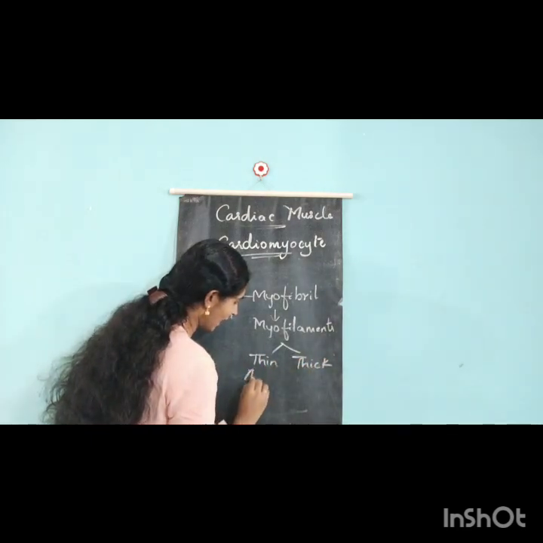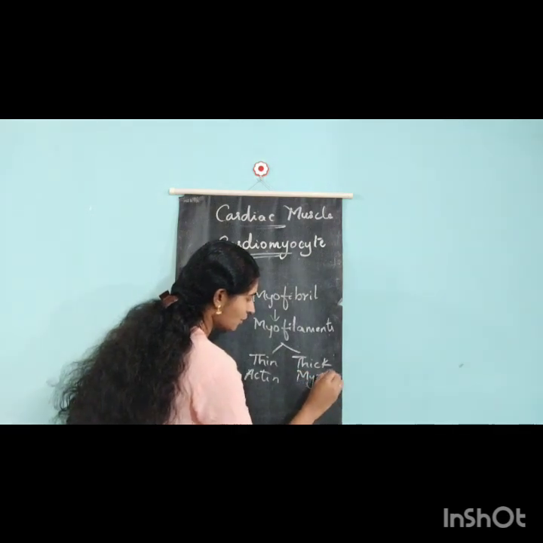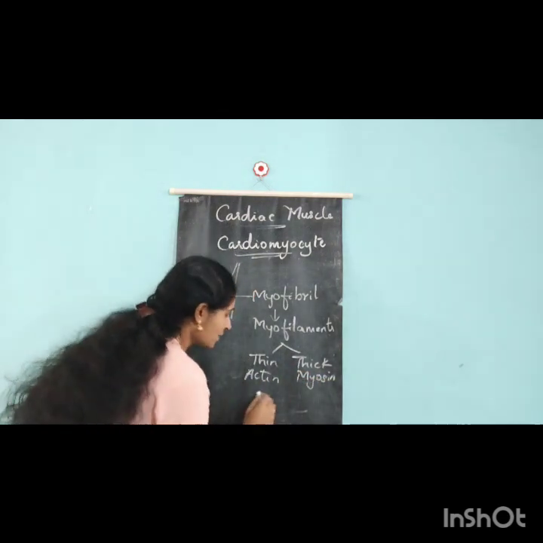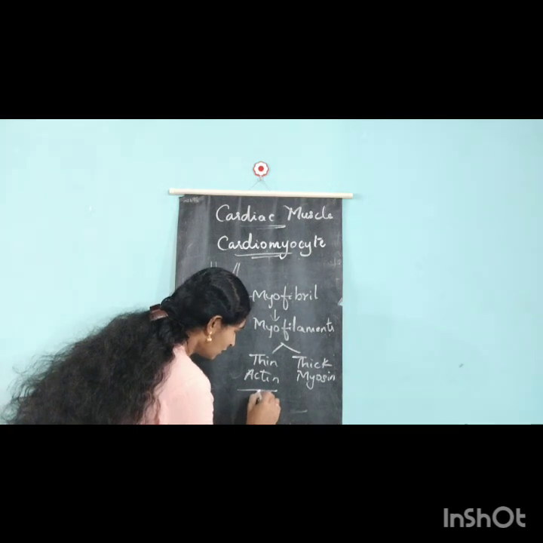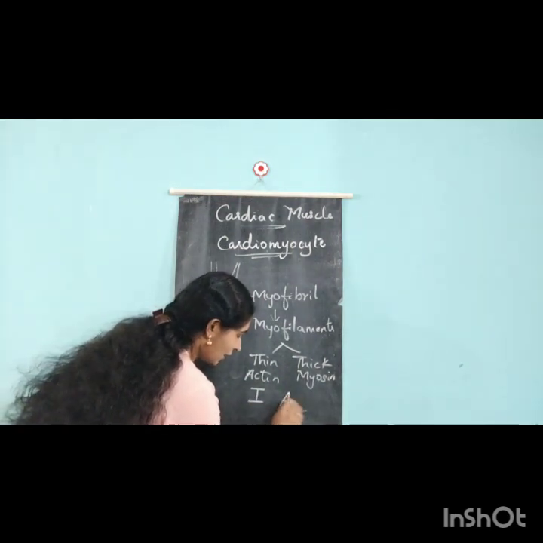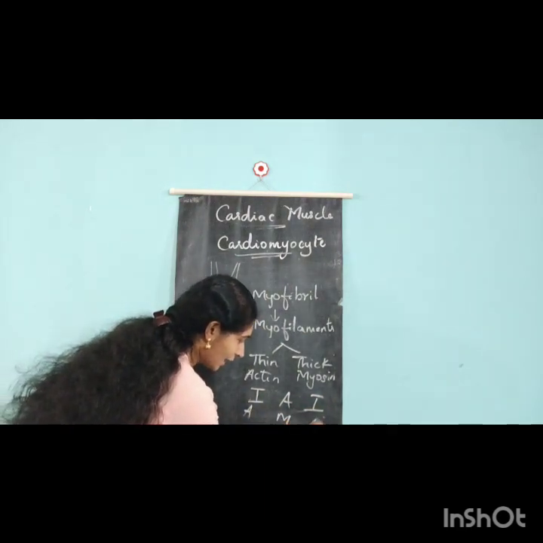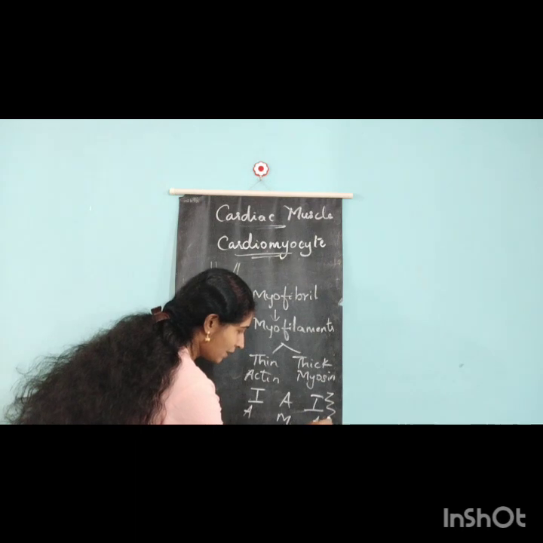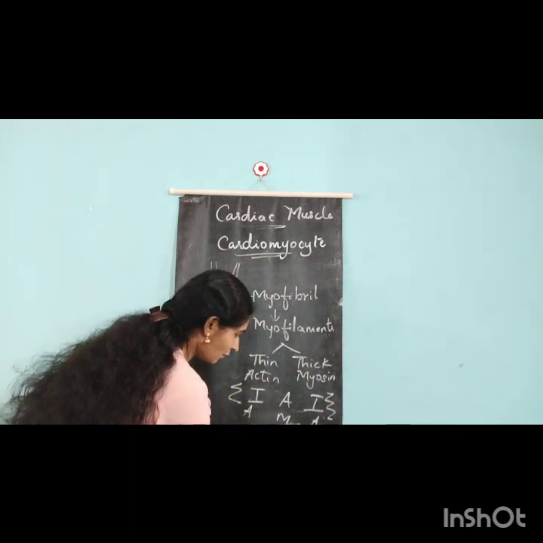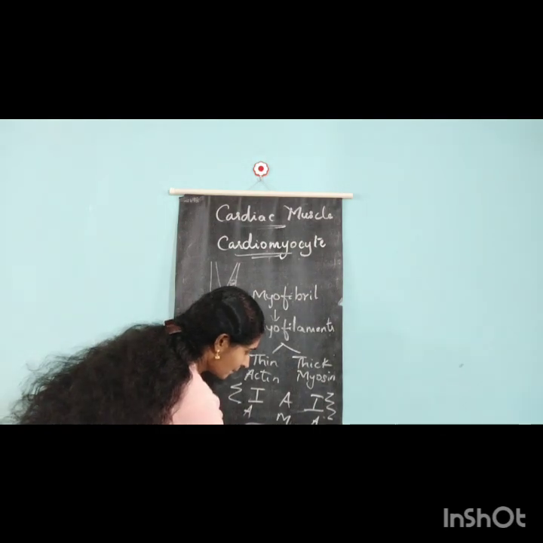So thin is actin protein, and thick is myosin protein. They are arranged in I, A and I form, that is actin, myosin, actin form, separated by a Z line. It is called as sarcomere.